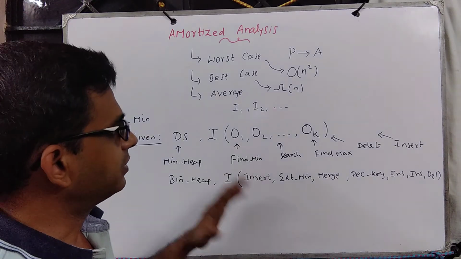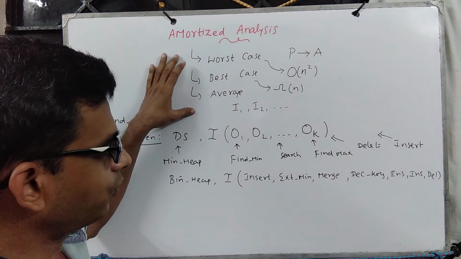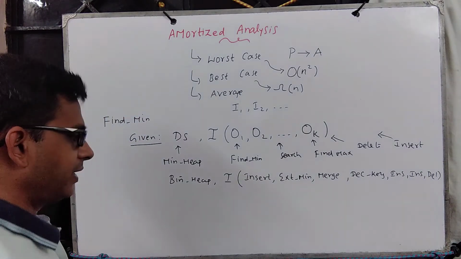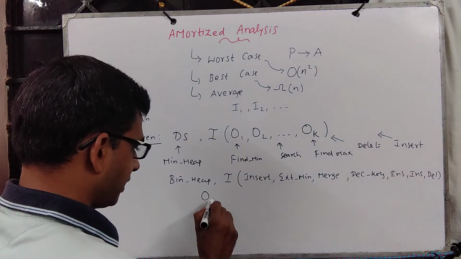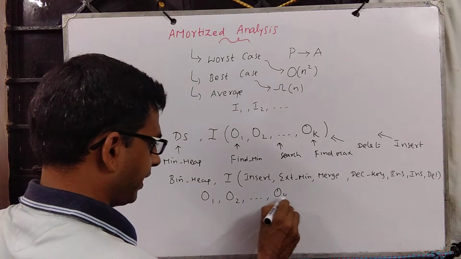One simple approach is quite intuitive. You just invoke the classical complexity itself. For example, there are k operations, say O1, O2, and so on up to Ok.